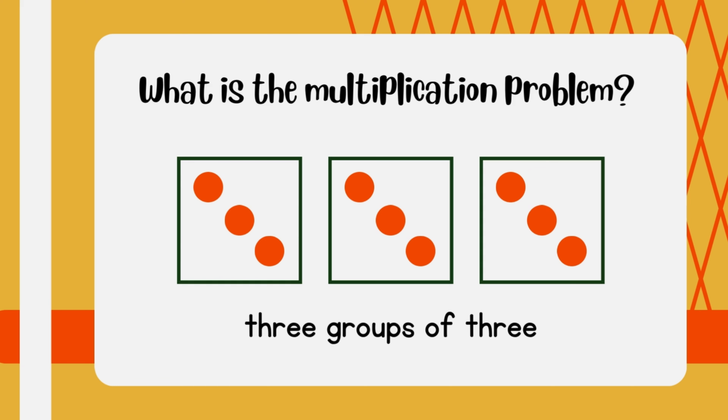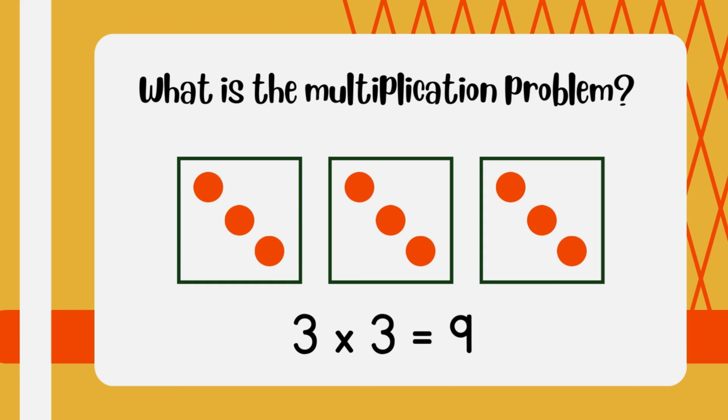So then what would the multiplication problem be? The answer would be 3 times 3, because there are 3 boxes, and there are 3 dots in each box. And when you count all the dots, 1, 2, 3, 4, 5, 6, 7, 8, 9. So 3 times 3 is equivalent to 9.